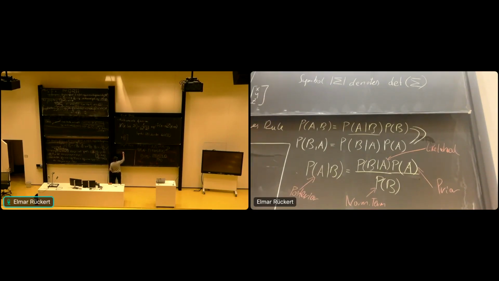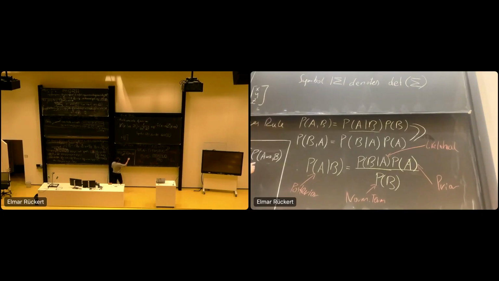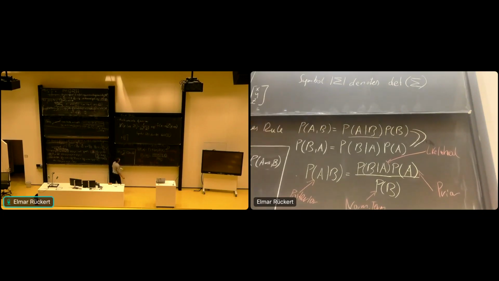P of B is nothing else than the sum over all A, actually small a of A, P of A equals a, B. That's the marginal of the joint distribution, which in the end is P of B. And the definition of the joint distribution is here.